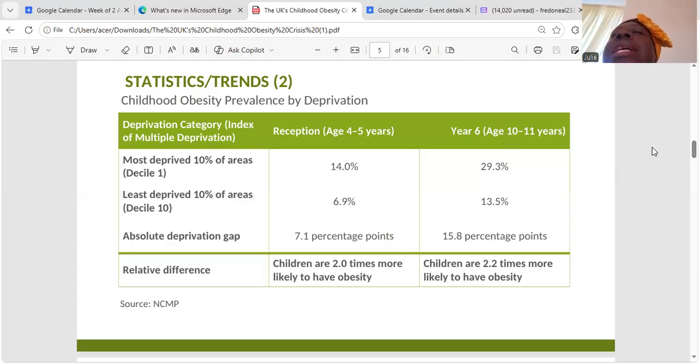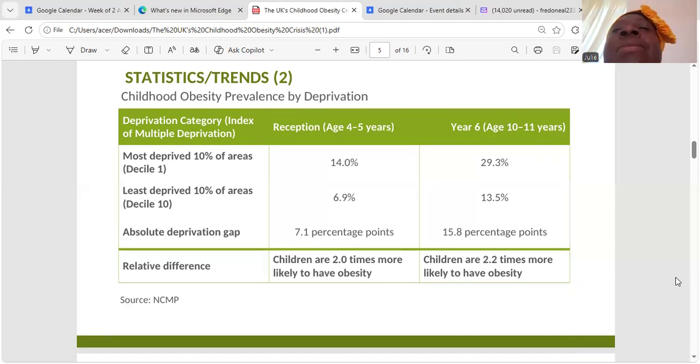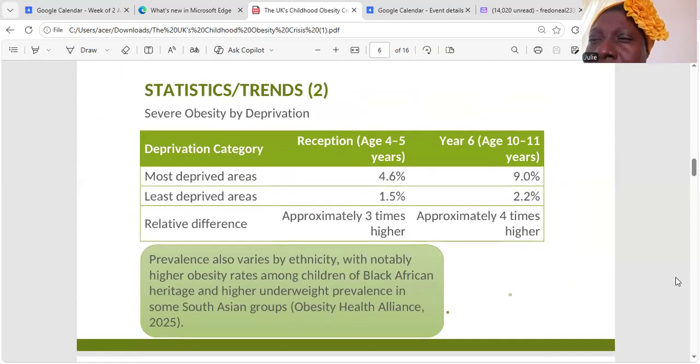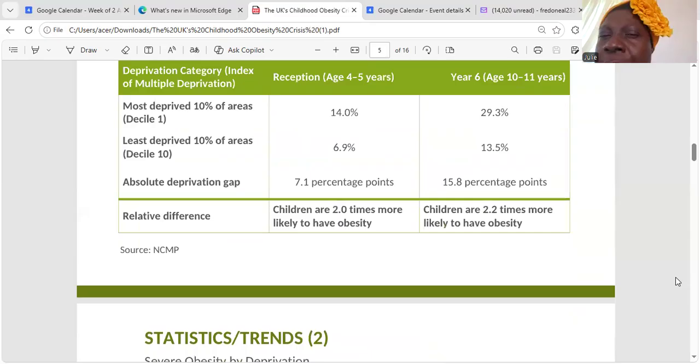For children in year 6, who are 10 to 11 years old, the difference is even bigger: 29.3 percentage points of children in the most deprived areas have obesity, compared with the children living in the least deprived areas. This shows that the gap becomes larger as children grow older.